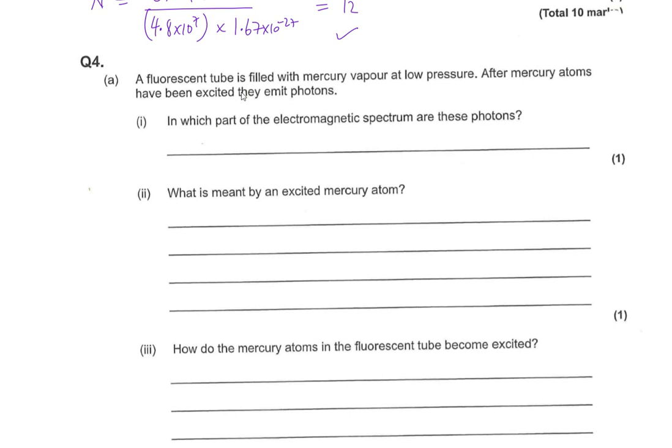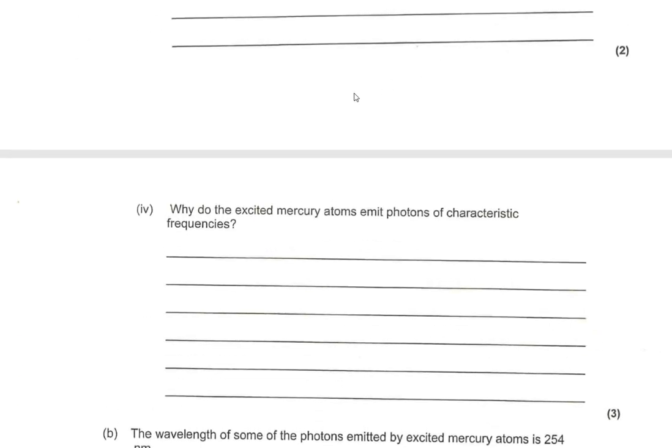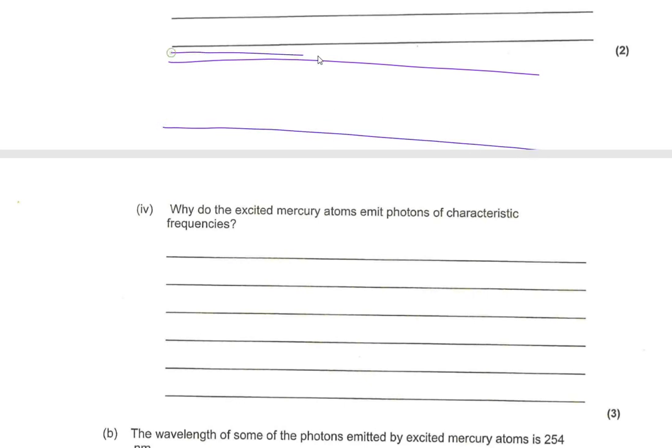Here we have a fluorescent tube in this particular case. When excited, what happened in this particular case? They emit photons. Now let's have a look. If you remember, when we draw the tube, we've got the coating, because this is a fluorescent tube. Now the tube has atoms in it, mercury atoms with the shells.